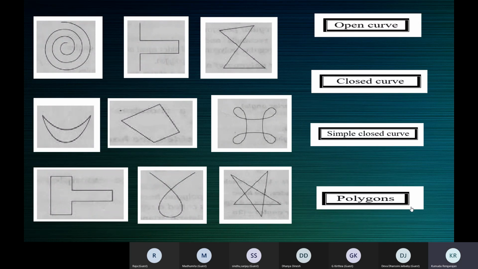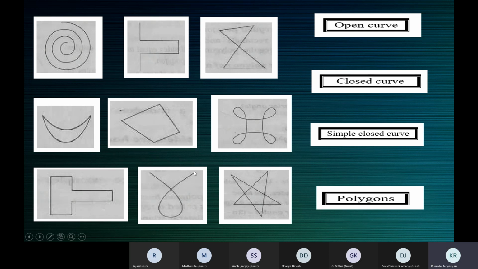Just a minute, children. So this is a start point. Supposing you start here, you go like this, and you finish here.